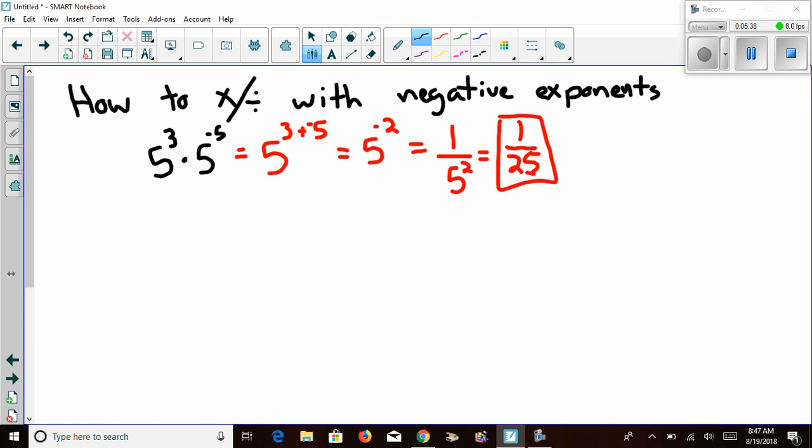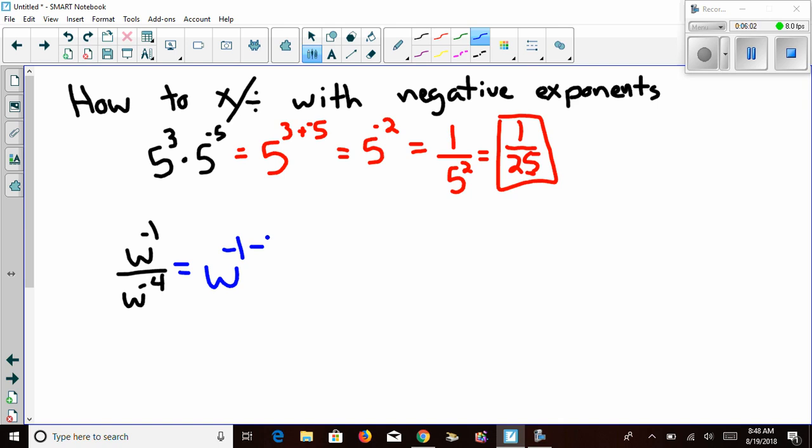What if I had division? What if I had W to the negative 1 over W to the negative 4? So W to the negative first divided by W to the negative fourth. The rule was we take the exponents and subtract them.